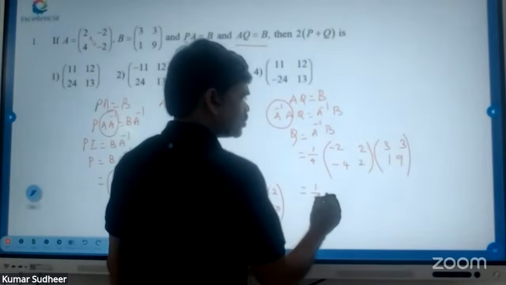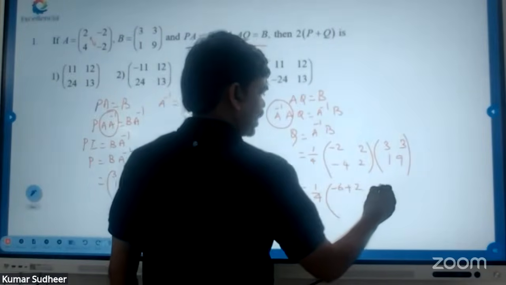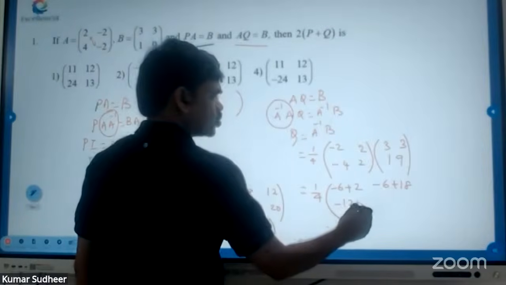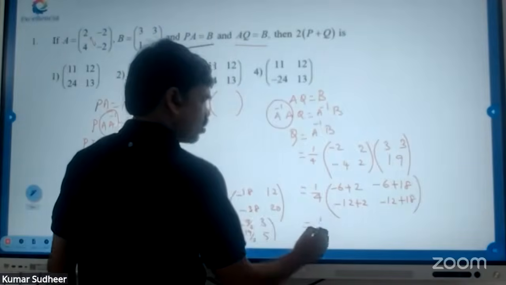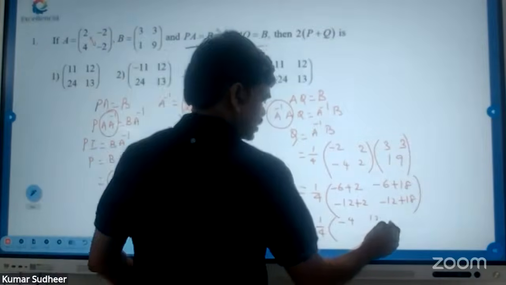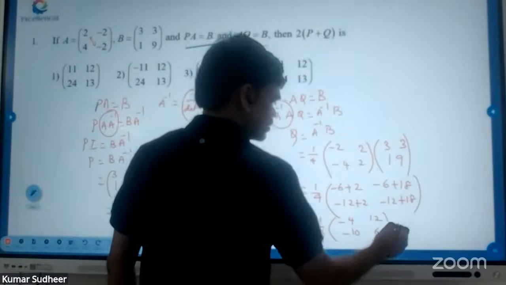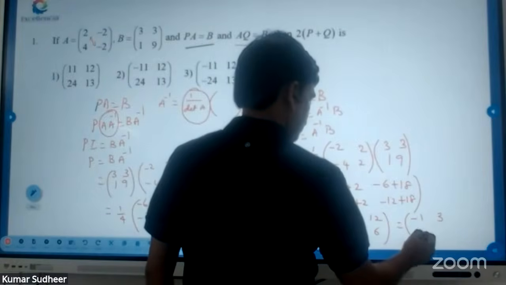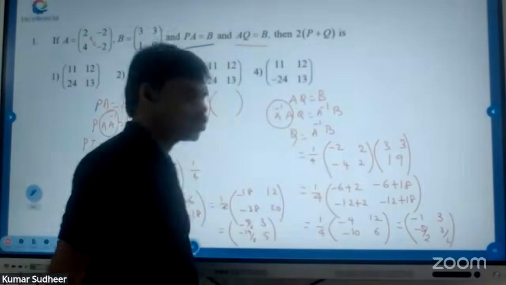It is 1 by 4 into minus 6 plus 2. Again, we have minus 6 plus 18 and minus 12 plus 2, minus 12 plus 18. So this is equal to 1 by 4 into minus 4, 12, minus 10, 6. So the matrix we are getting is minus 1, 3, minus 5 by 2, 3 by 2. So the matrix Q also we got.